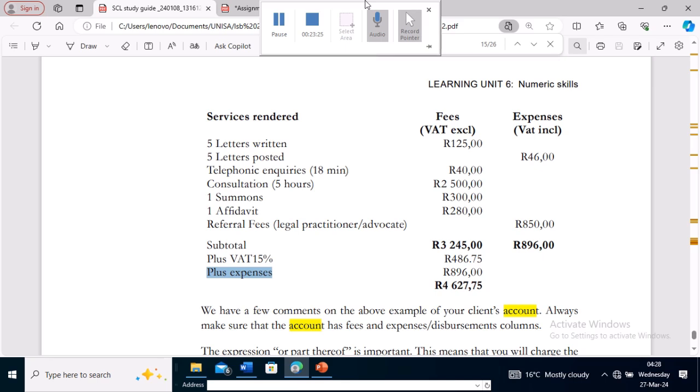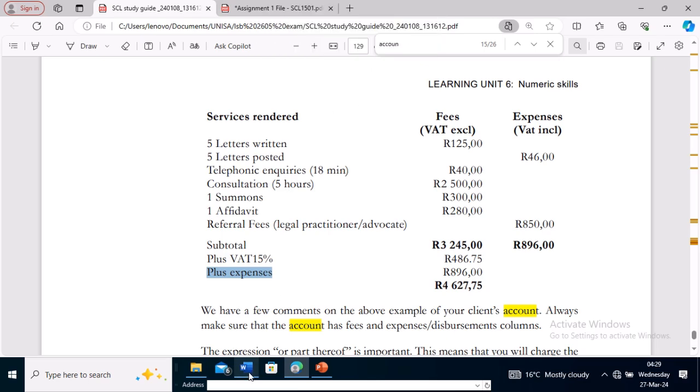But if they are from different stores, each item is going to have its own VAT. So the fees are the things which are done in the law firm. So they have to add those things first and add what? Add VAT. So we are going to add VAT under the fees. Expenses, we are done with the VAT.